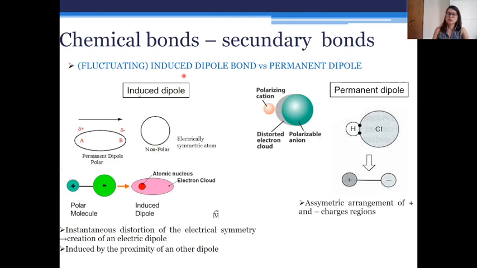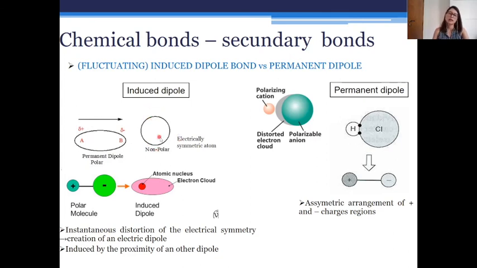The difference with an induced dipole is that we have a permanent dipole, which is polar, which means one region is more electropositive, which is region A, and another region is more electronegative, region B, and it's coming close to a nonpolar symmetric atom.